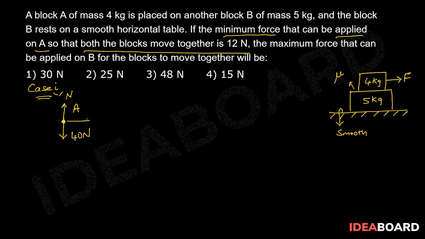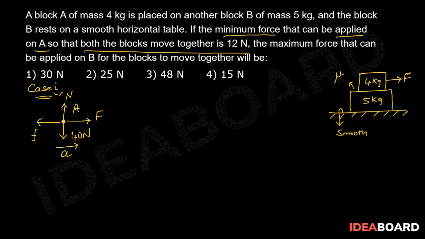Applied force capital F acts towards the right horizontally. Now because of F there starts a relative motion between 4 kg and 5 kg. To oppose this relative motion there comes a frictional force against the applied force. Let us suppose block A is moving towards the right with an acceleration of a.